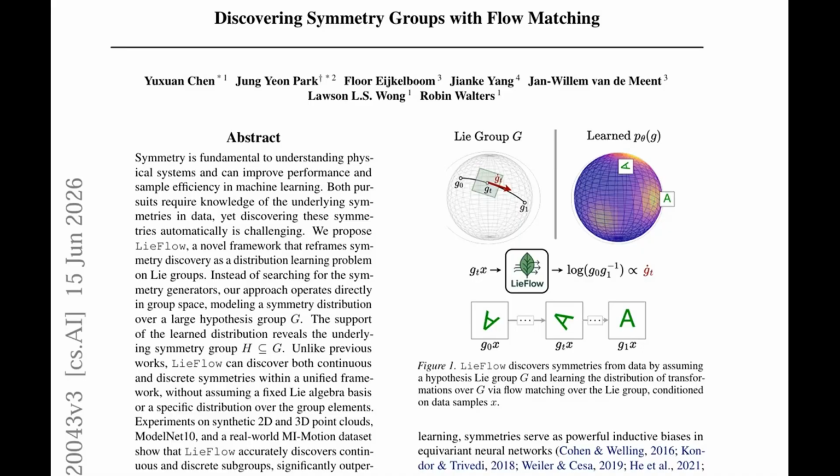So this framework takes a different route. Basically, instead of asking what the generators of the symmetry groups are, it learns the probability distribution over the larger hypothesis group. So the learned distribution should place mass on the transformations that preserve the data, and little to no mass elsewhere.